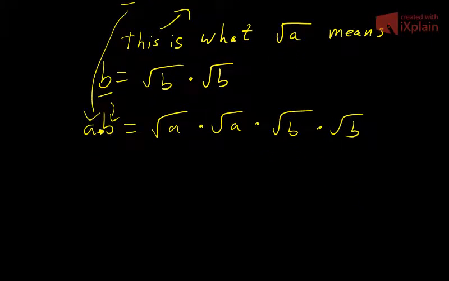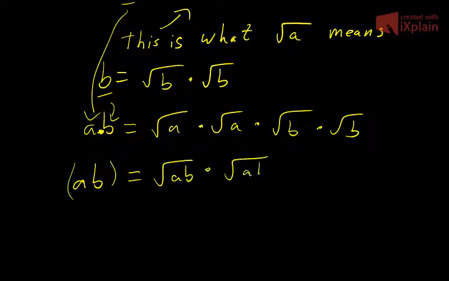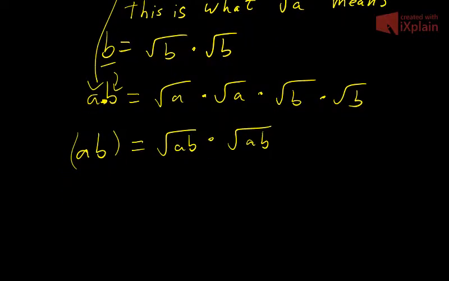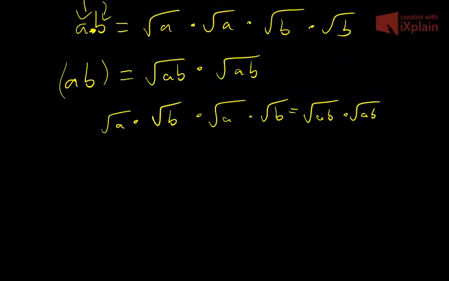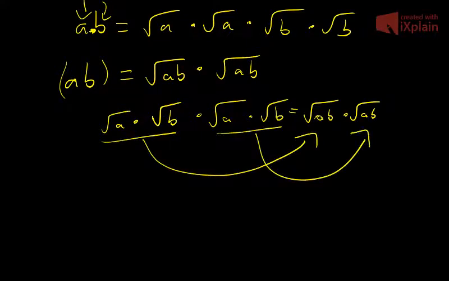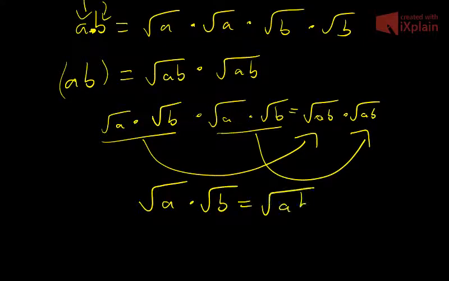Or I could see this as ab as a whole thing would have to equal root ab times root ab, and from that I can see that root a times root b times root a times root b equals root ab times root ab. And from this it should be pretty clear to see that the square root of a times the square root of b equals the square root of ab.